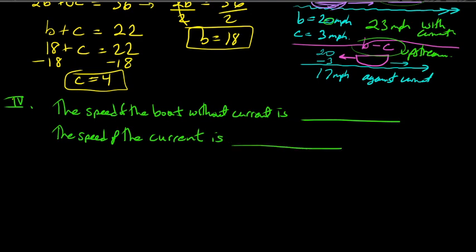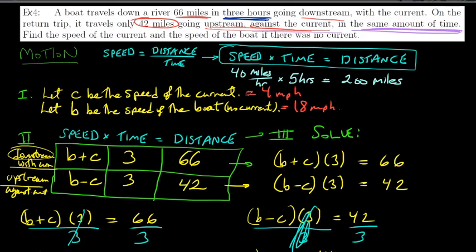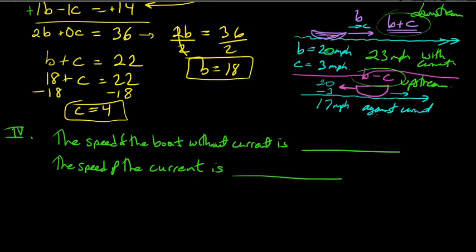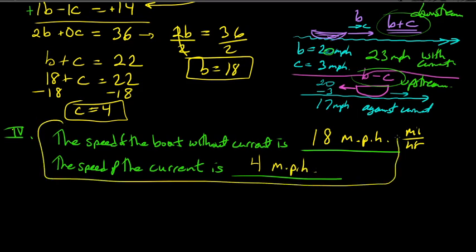So again, b for boat, the boat without a current, if there was no current, is 18 miles per hour. And you can abbreviate mph, miles per hour. You can also write miles divided by hours. That's the scientific way to write it, but either way is fine. And the speed of the current is 4 miles per hour. And so that answers the question.